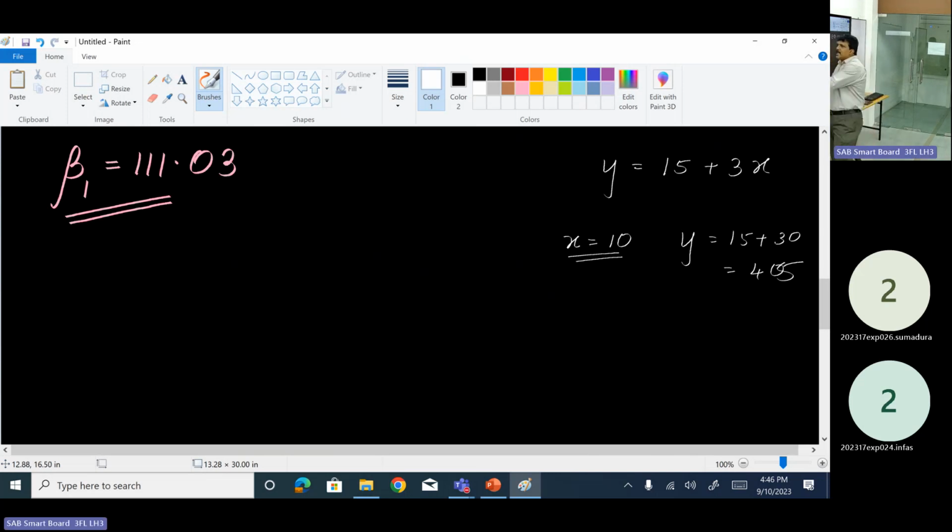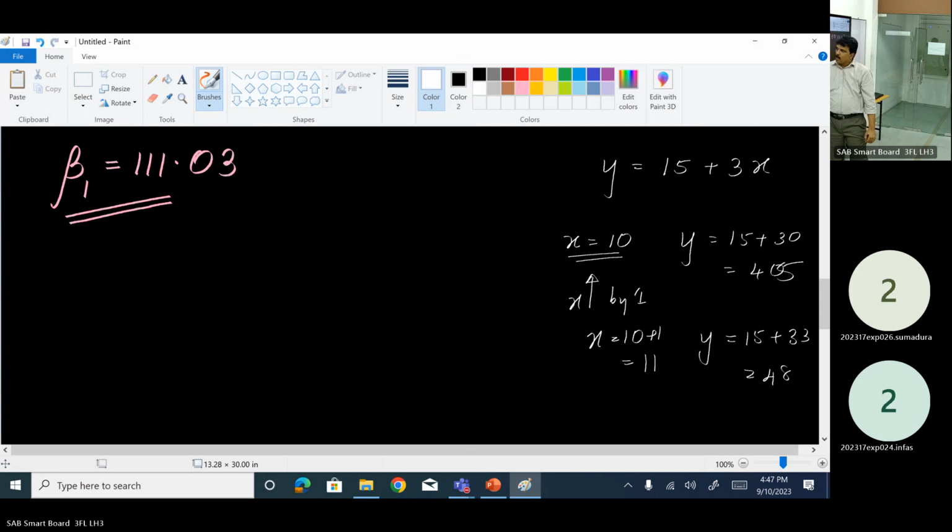Now I am going to increase this x by 1 unit. Earlier it was 10, 10 plus 1 will be 11. When x is 11, what is my y value? I want to find out. 15 plus 33, so it has become 48. Now in this model, when I increase the x by 1 unit, what happens to y? Y has increased.